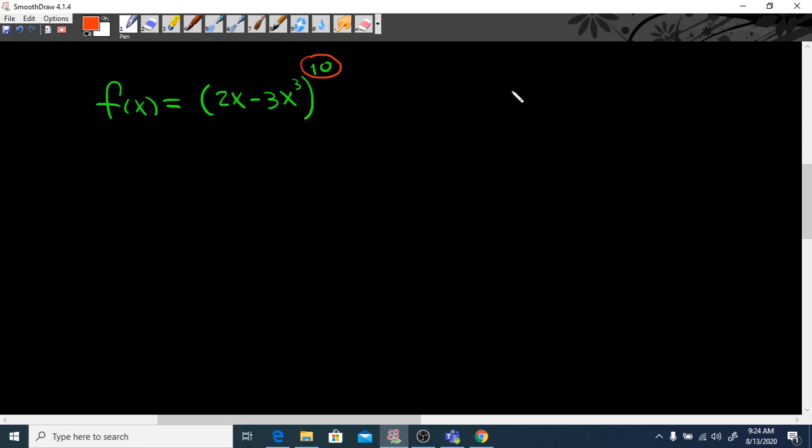Okay? So if I have x to the 10, its derivative is 10x to the power 9, right? Just good old power rule. So we're going to use that here. And then if we go inside, the derivative of 2x is 2, so it's all about compositions.